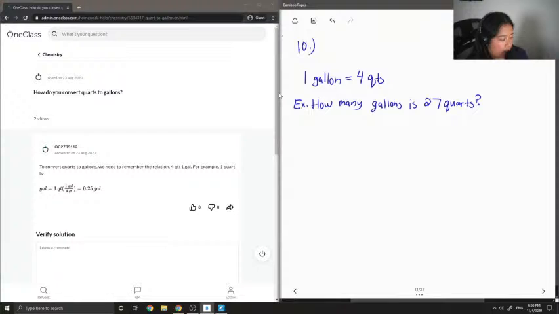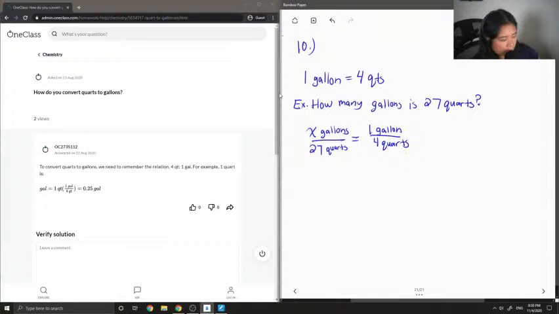Okay, so then whatever units I'm looking for, I'll denote as X gallons. And it'll always be in the numerator just to make things easier when we have to calculate the math. So X gallons over 27 quarts is equal to 1 gallon over 4 quarts.